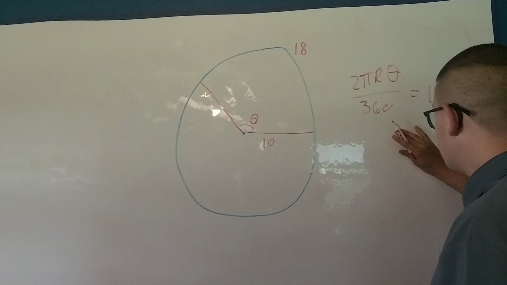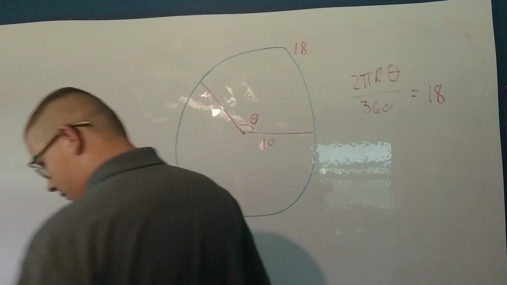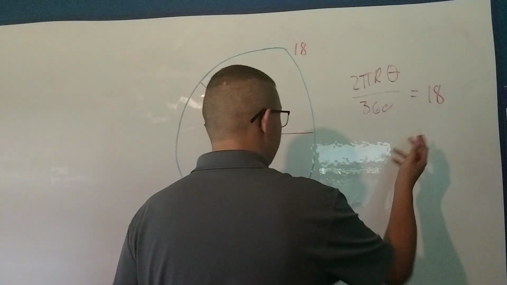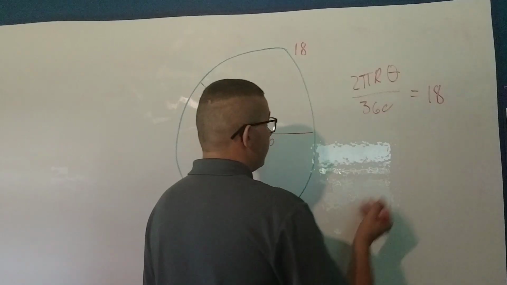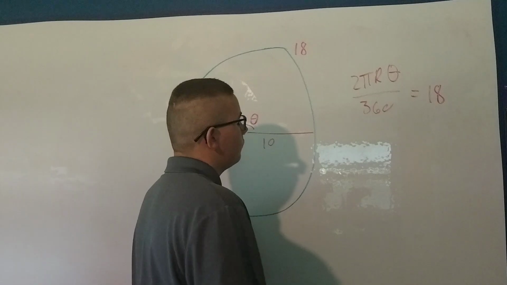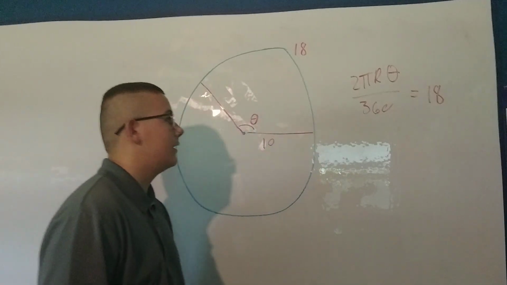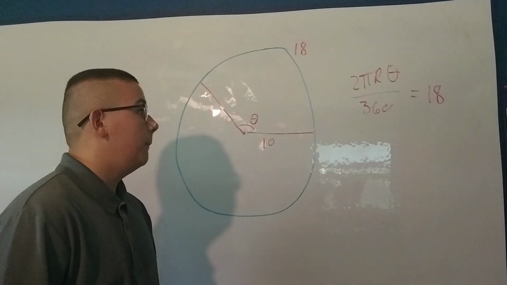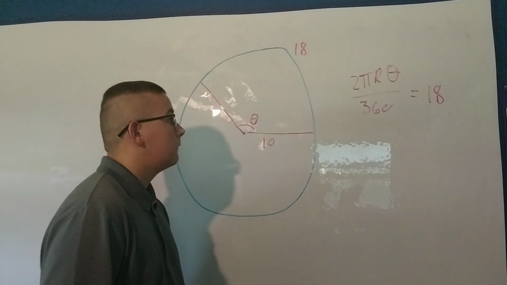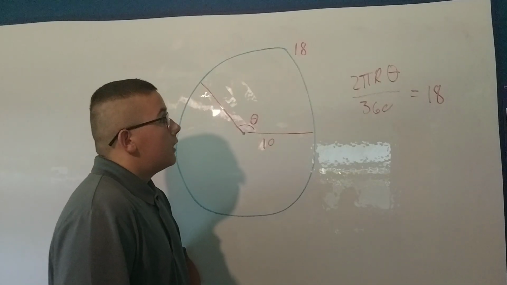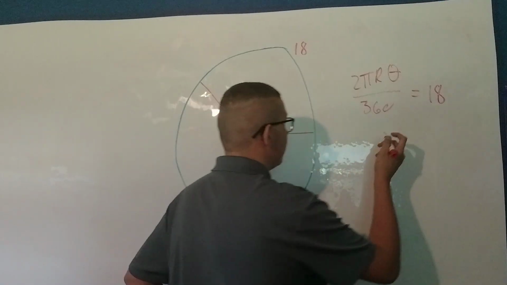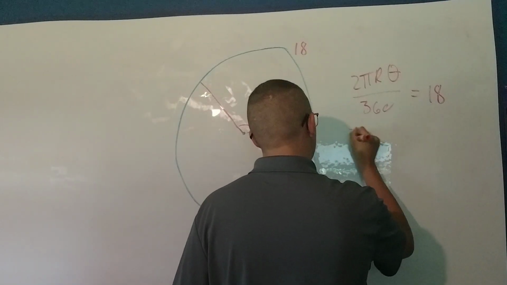So first we bring the 18 over, right? So we just divide by 18, or just, what? I apologize. I don't know what I'm talking about here. Right, but we divide by the theta over 1, so we can bring it over here.